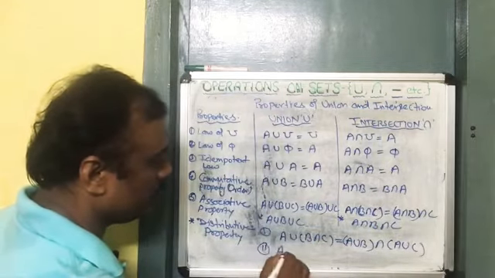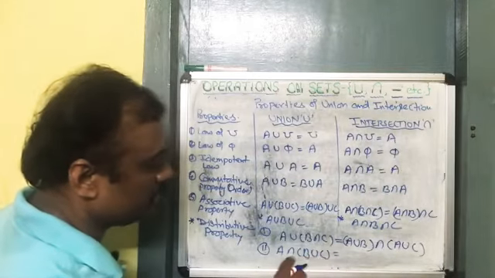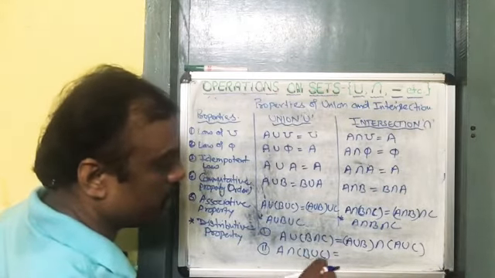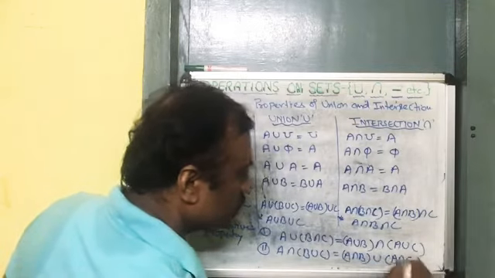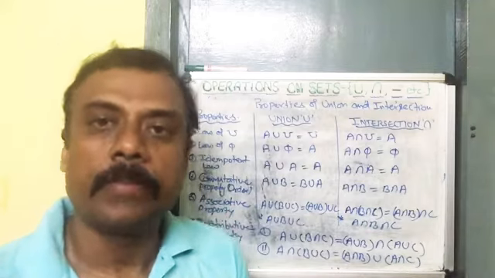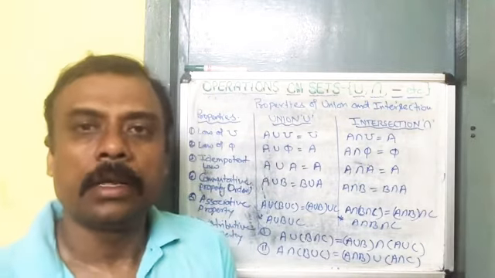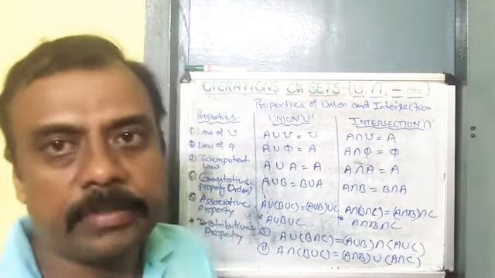Similarly, A intersection (B union C): the intersection is distributed over B and C, so it is (A intersection B) union (A intersection C). These results you can verify by taking examples or prove using general elements.